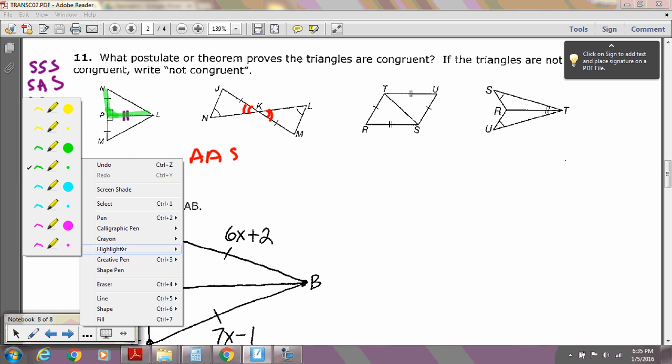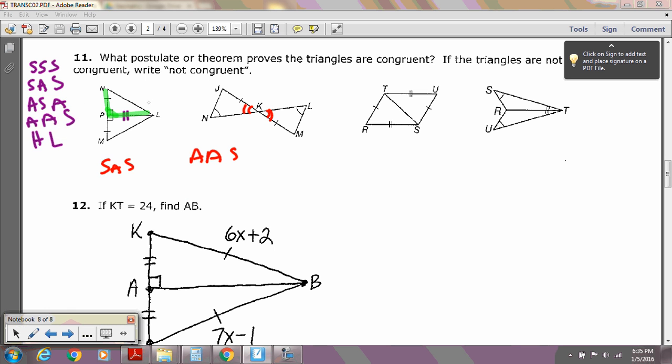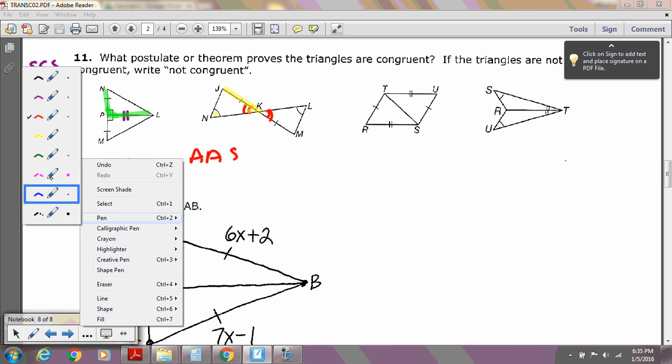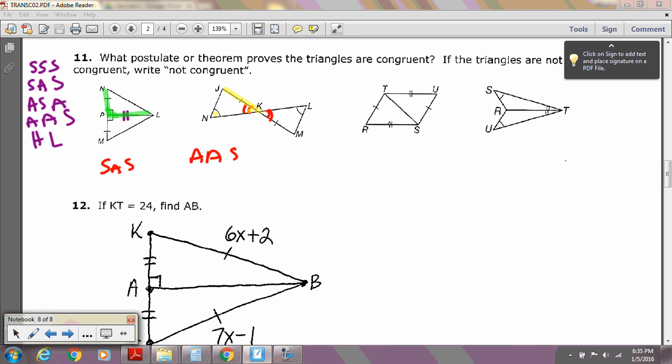Again, I'll highlight it for you. We have angle, angle, side. And, all right, on this next one, TS is shared by both, so let's mark it with 3, since 1 and 2 are already taken.